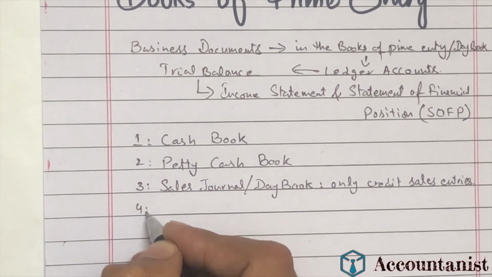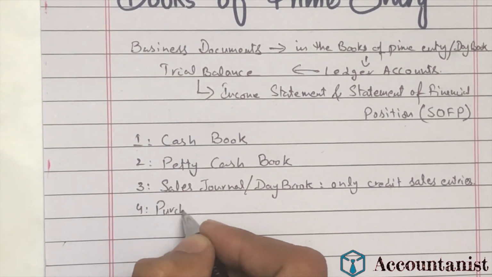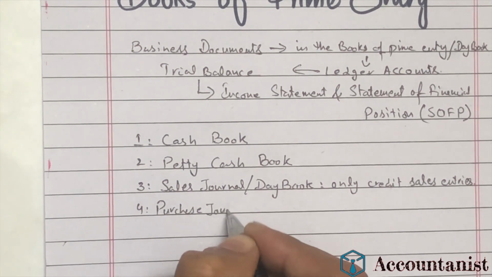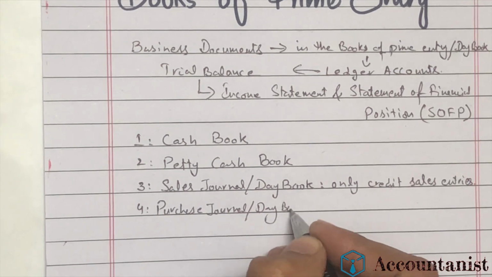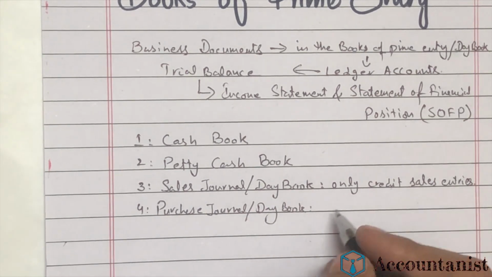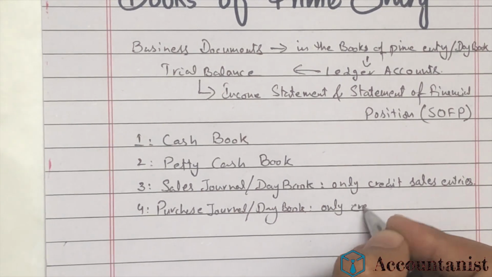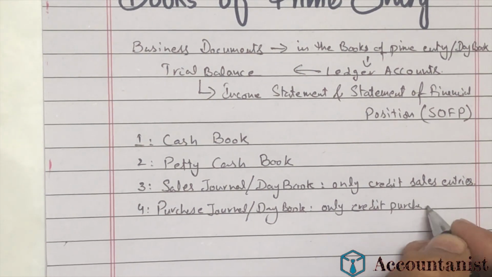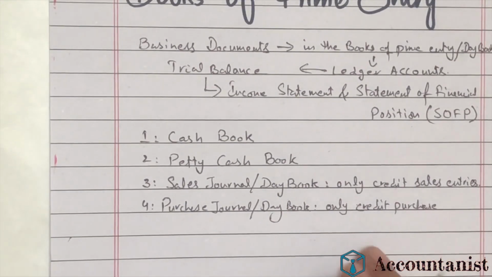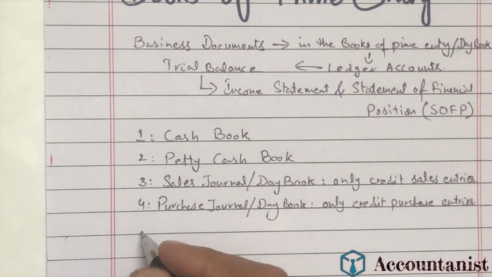The fourth one is the purchase journal, or purchase daybook. In this book we only record credit purchase entries. That's the only thing that we record in this daybook.